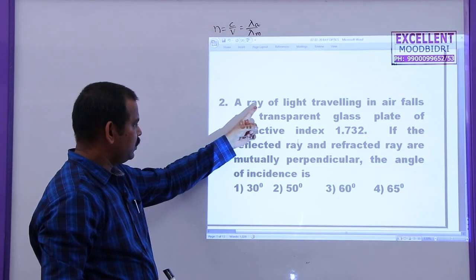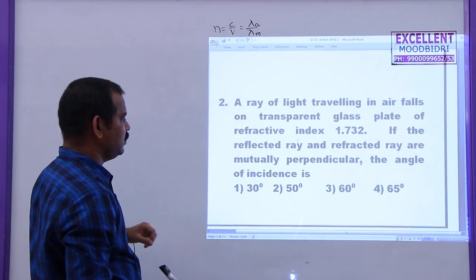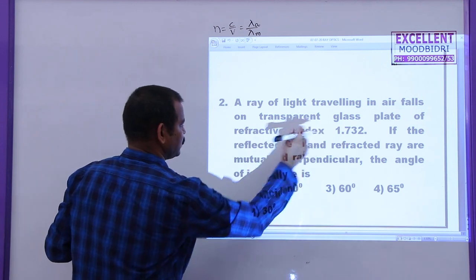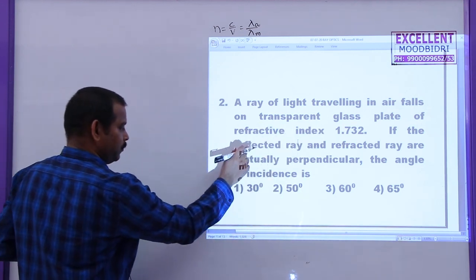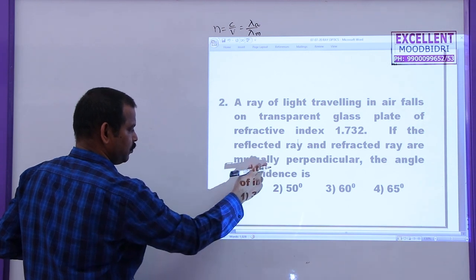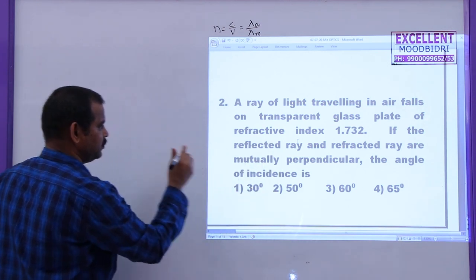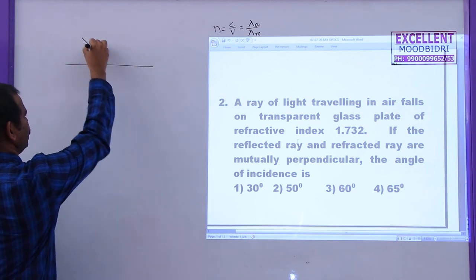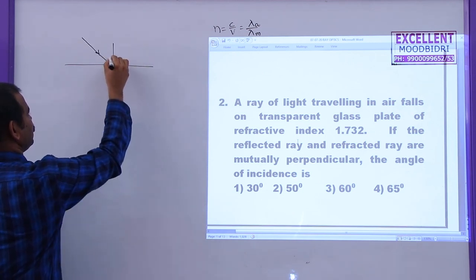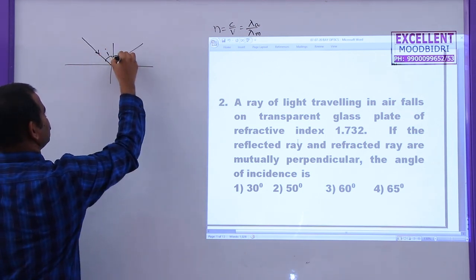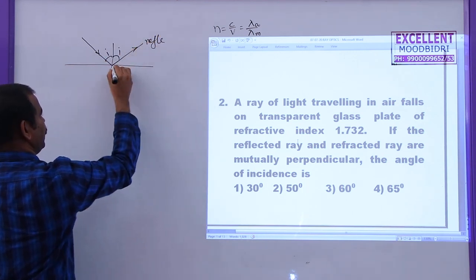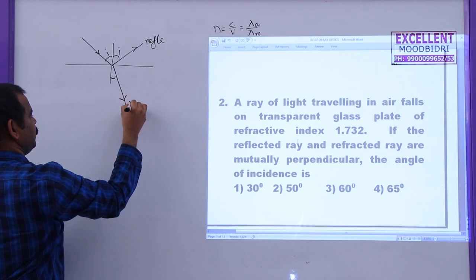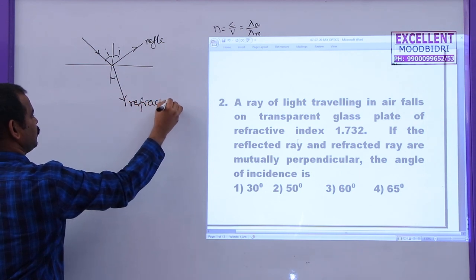Second one: a ray of light traveling in air falls on a transparent glass slab of refractive index 1.732, that is nothing but root 3. If the reflected and refracted light rays are mutually perpendicular, then find the angle of incidence. So here, if this is the incident light ray, this is the normal, angle of incidence, this is the angle of reflection, this is the reflected light ray, and this is the refracted light ray.